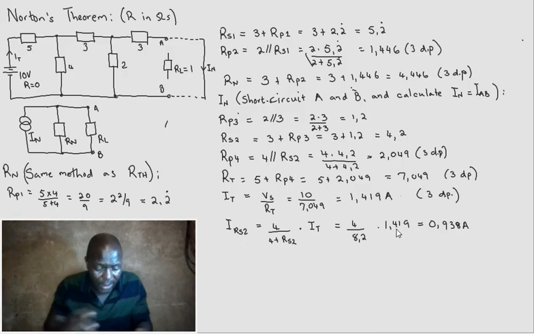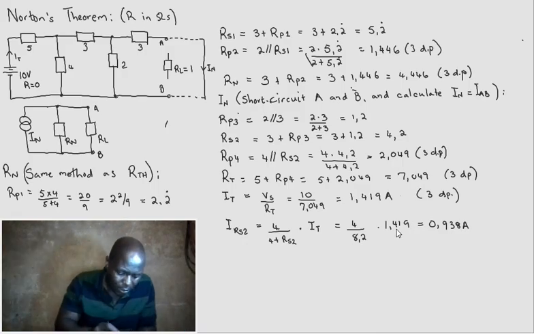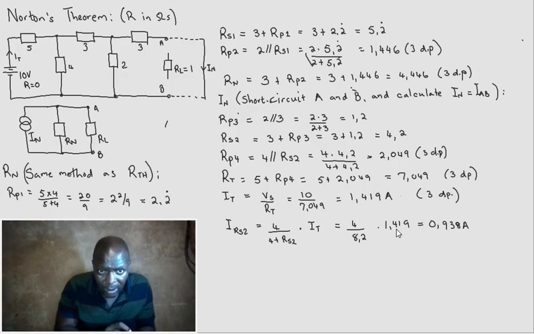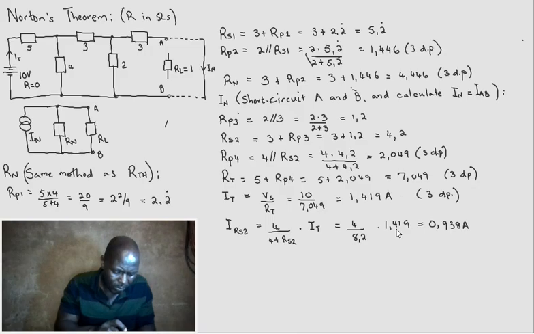But that kind is correct. So we're supposed to say here 4 divided by 8.2, times, recall that current here is recall B, recall C, recall D. Yeah, there's my current there.